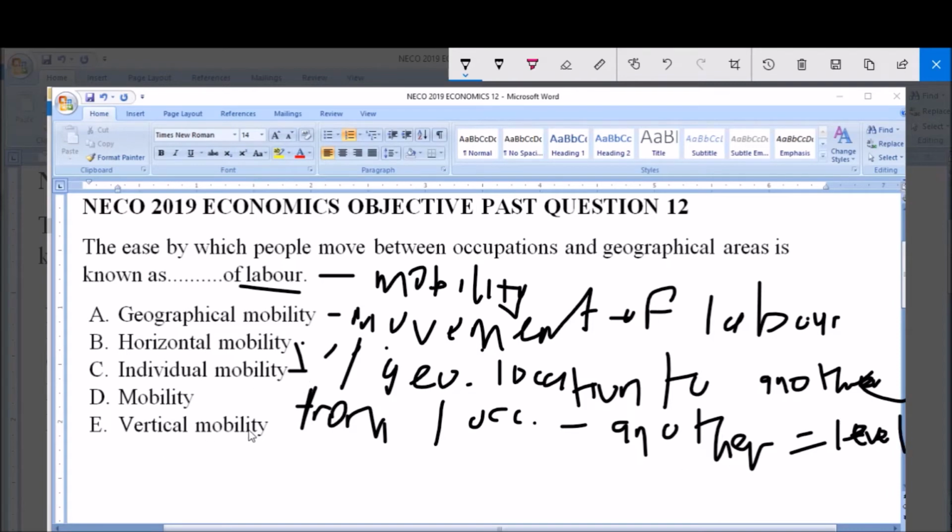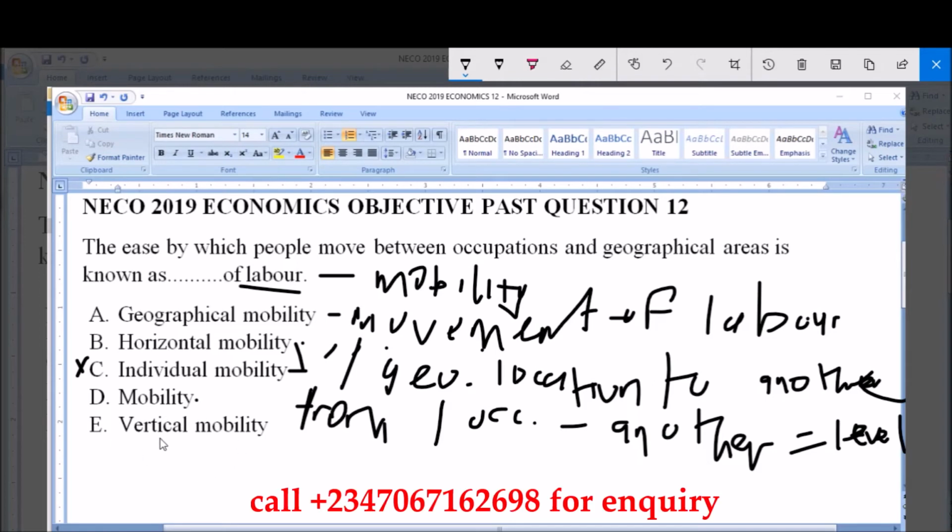Now for individual mobility is not a concept, so we can rule that out as not being part of our answers. Then mobility in general just refers to ease of movement.